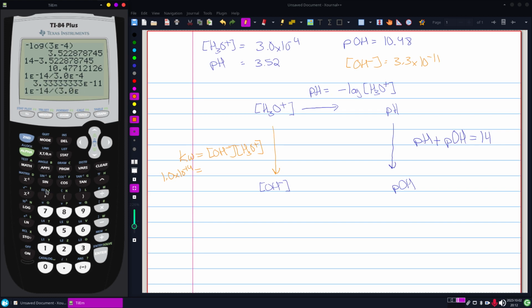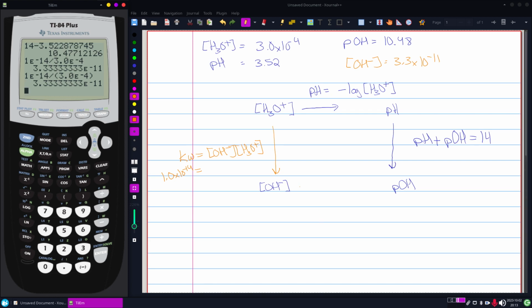Technically speaking, on a TI, if you're using that times 10 to the negative fourth with the little capital E, it's going to work always, because TIs understand how to use that EE with the order of operations. But if you're not getting the right exponent, try putting that bottom number in parentheses like I just did.